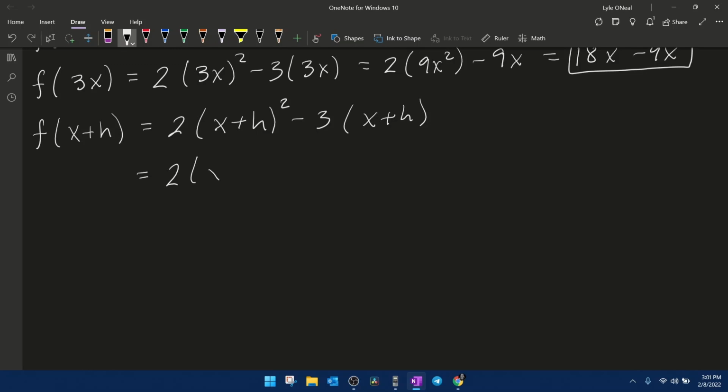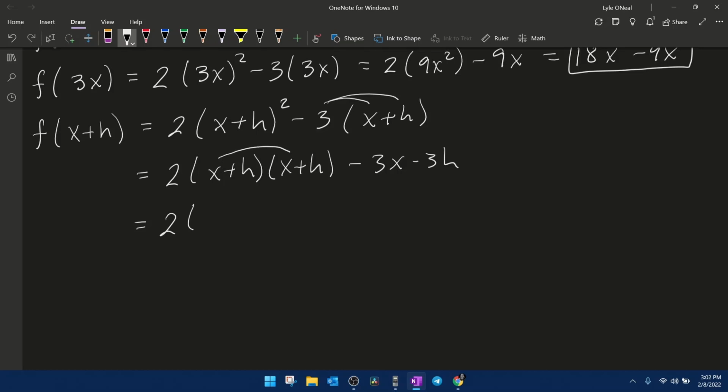So to do x plus h squared means we're going to multiply by itself, and that will indicate the FOIL method. The negative 3 can go ahead and distribute, giving us negative 3x minus 3h. Then the 2 needs to come down. You see the 2 is waiting its turn, and we need to FOIL.